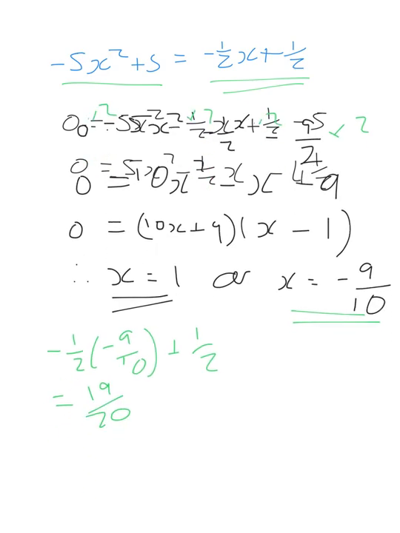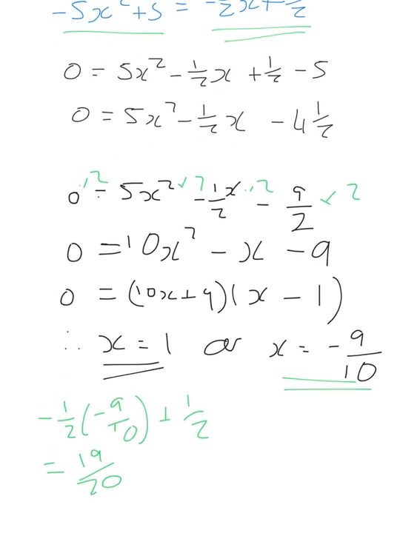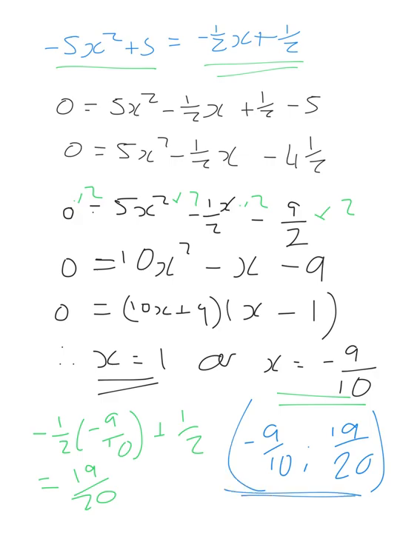And so we end up with the coordinate negative 9 over 10 and 19 over 20.